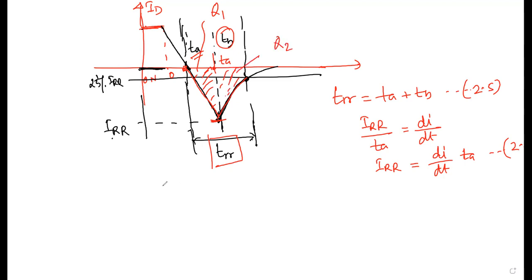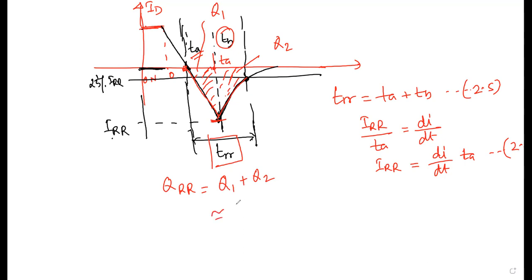So we can write down QRR, the total charge. Charge is nothing but the current multiplied by time, right? So what is Q1? Q1 is the integration of the total current in this time. So you have to find out the area, nothing else, right?